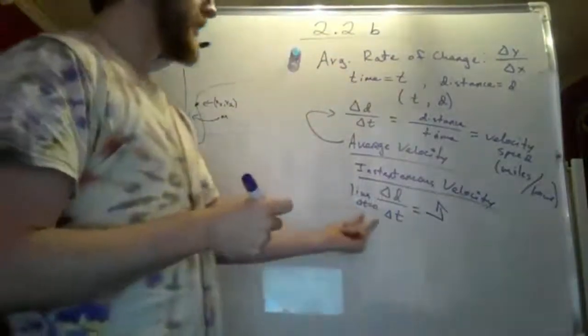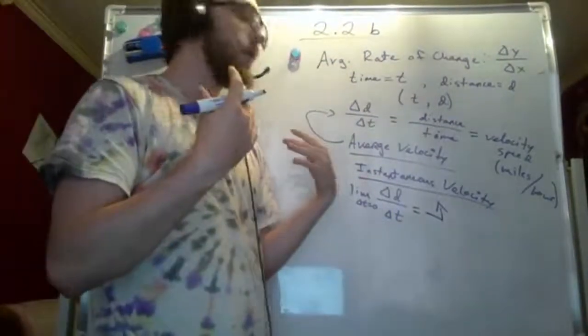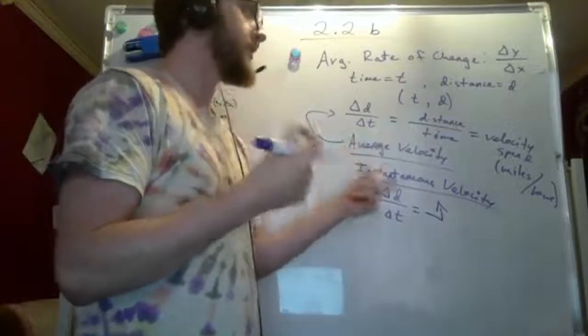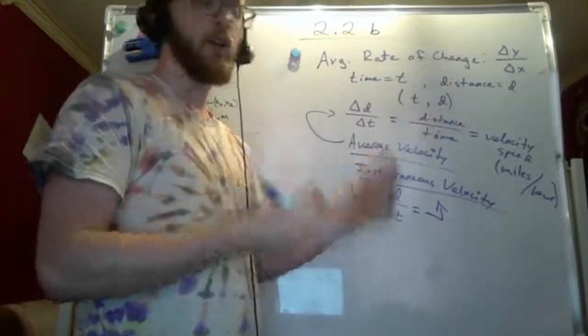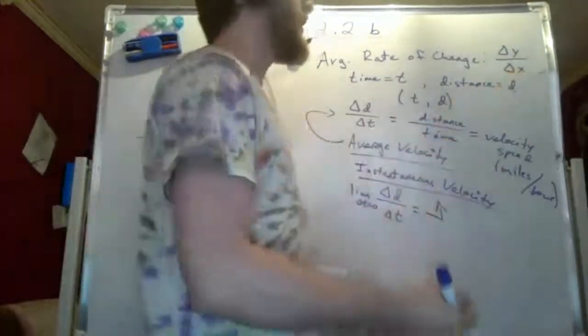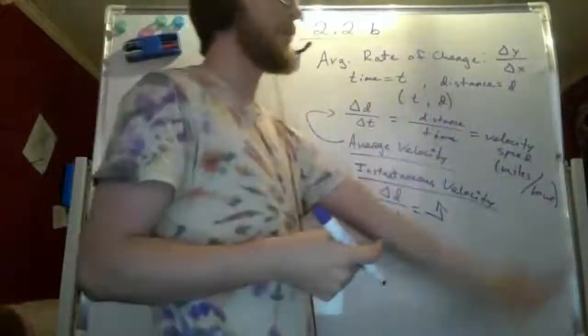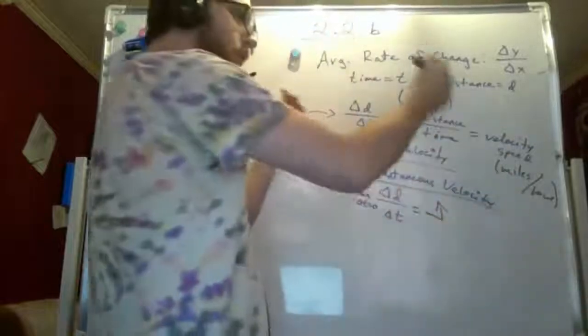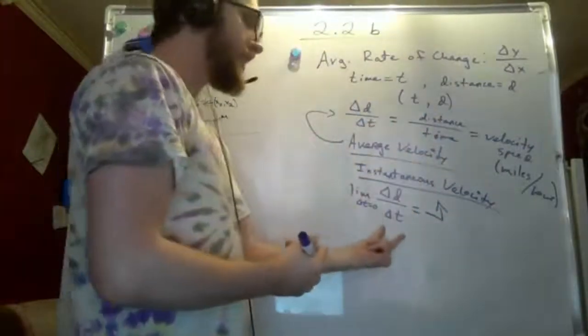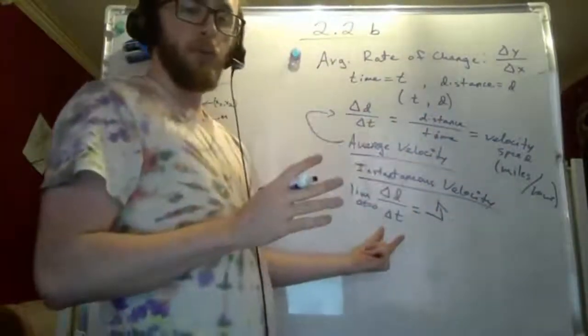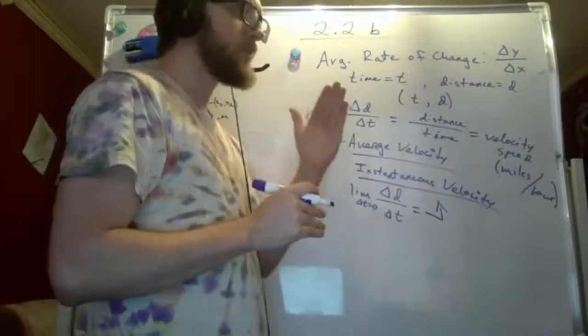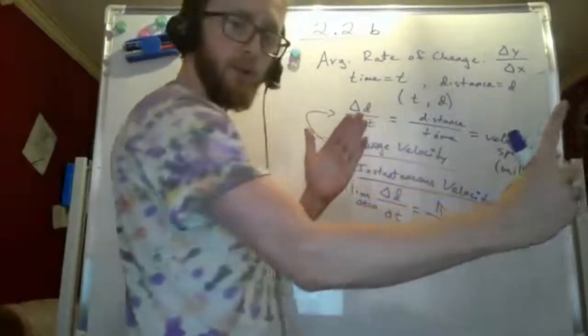So why do I say delta t goes to 0? Well, in the case of an average velocity or an average rate of change, we're looking at dividing by, what was the speed at time equals 1 versus what was the speed at time equals 2? What was the average there? Whereas here, we're not talking about multiple points. I just want to know how fast was he going at this single point.